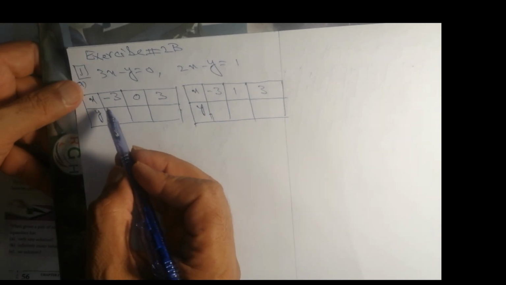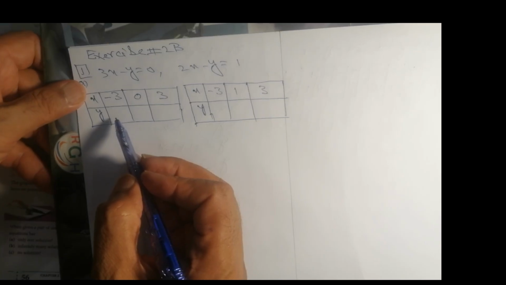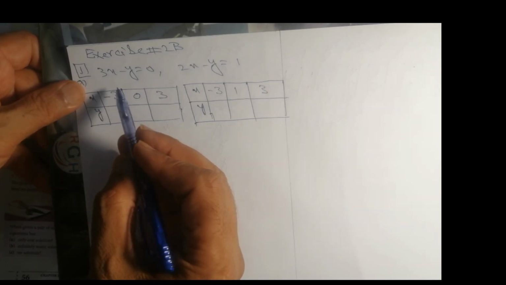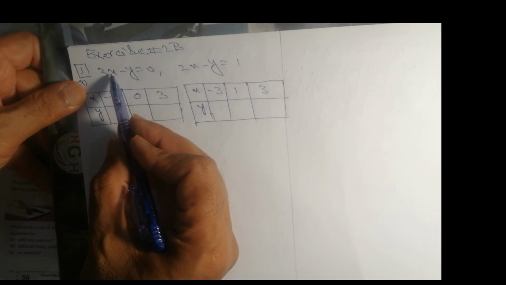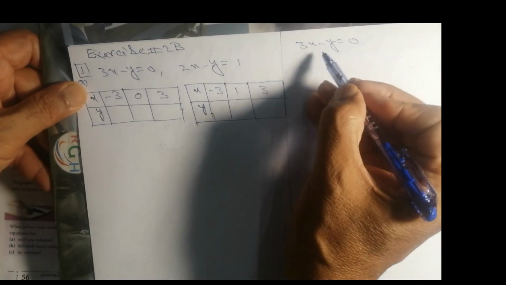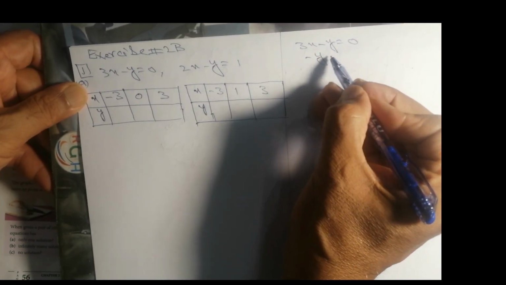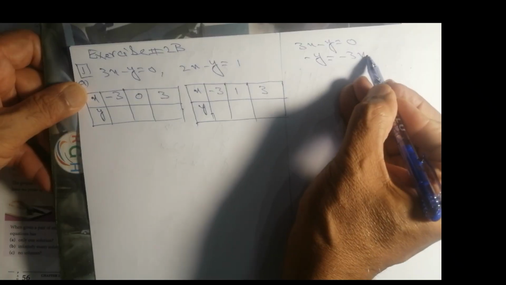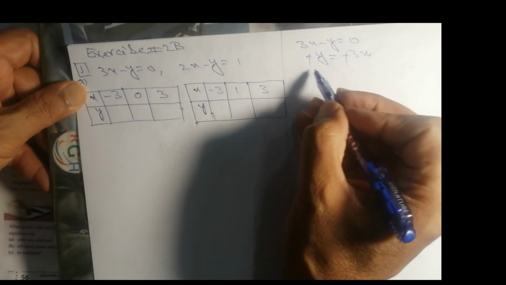Now for every value of x we need to find the value of y. For this equation, 3x minus y equal to 0, we can write y equal to 3x.